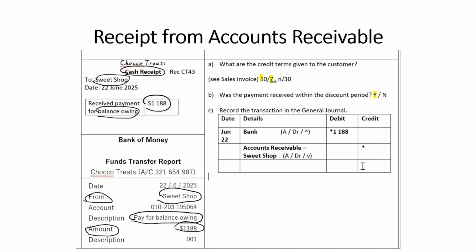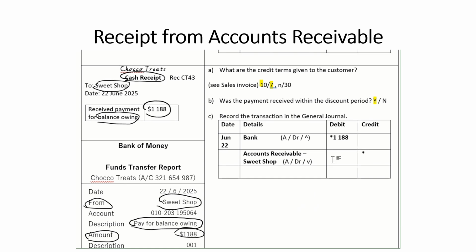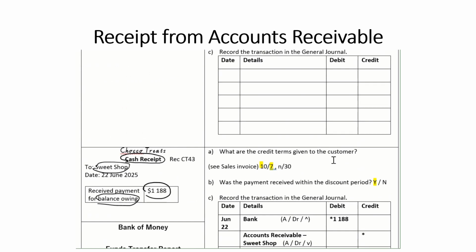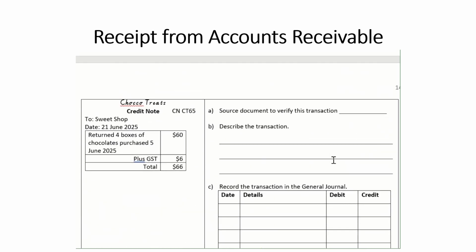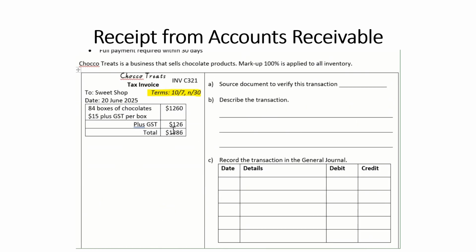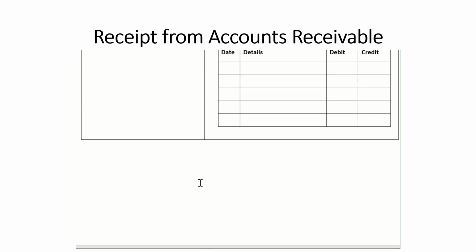Now, to work out how much the accounts receivable owed us, and that's basically the amount that they needed to settle, without counting the discount for starters, we can see that when we made the credit sale, the customer owed us 1,386.